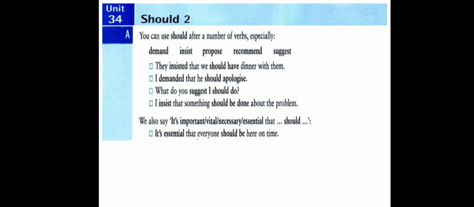Then we follow the adjectives with that clause, which includes should plus the base form. So for example, we say it is essential that everyone should be here on time. After the adjective essential, we have that clause, that everyone should be here on time, should plus the base form be in the that clause.